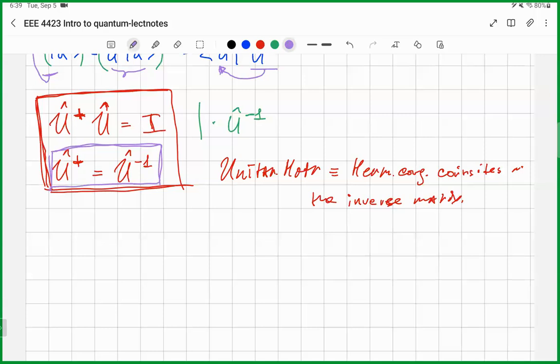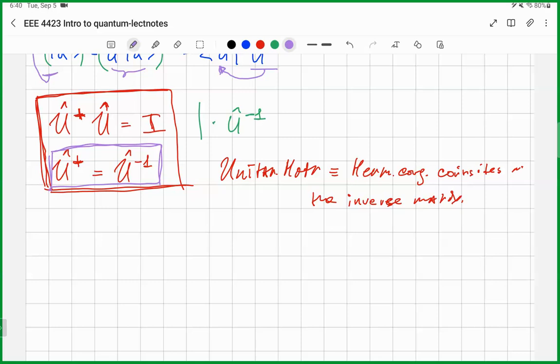So a unitary matrix or unitary operator is the operator whose inverse version coincides with the Hermitian conjugated, or vice versa, the Hermitian conjugated coincides with the inversion operator.